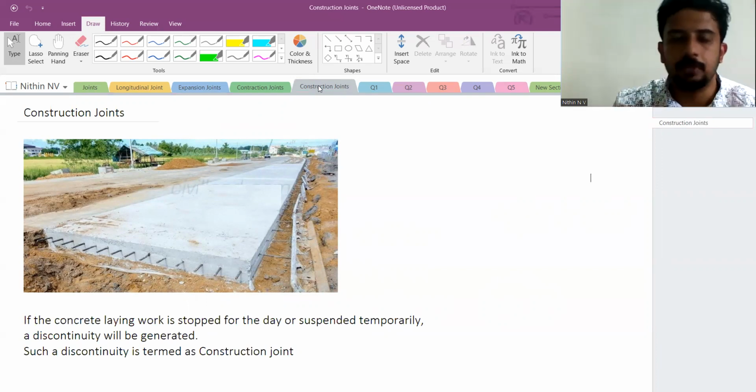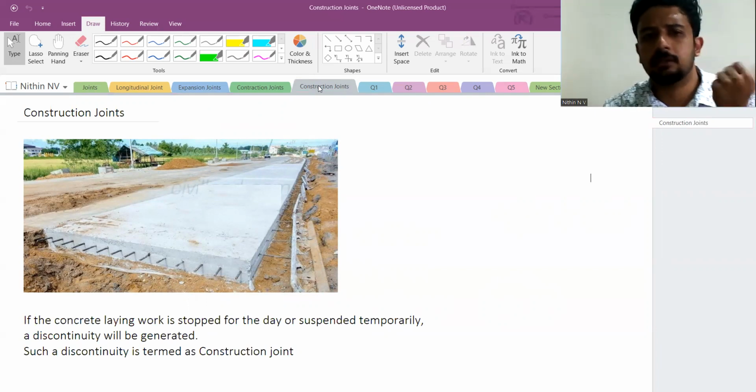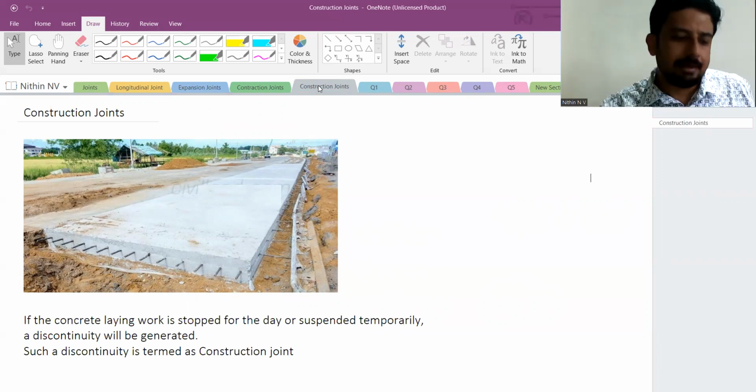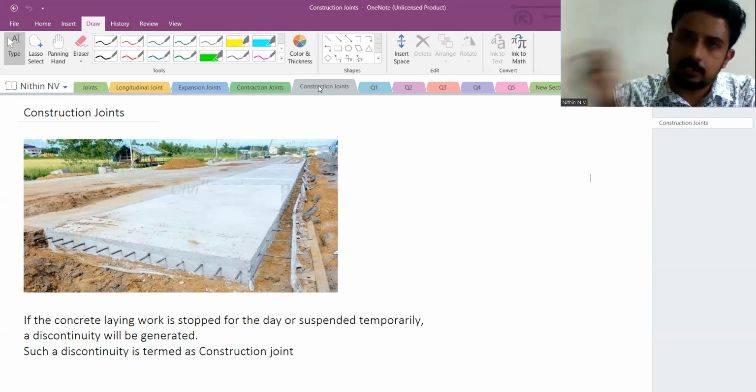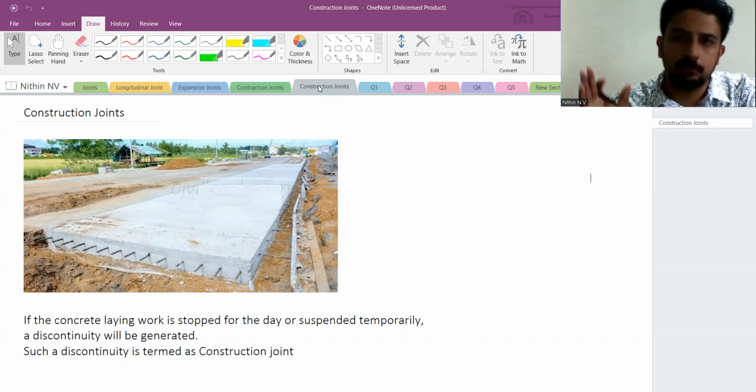Like that, with daytime and nighttime shifts, concrete laying work will happen continuously. But practically, suppose at the end of one day, around 5 or 6 o'clock in the evening, the concrete laying work is stopped, then next day they will come in the morning and restart the work.